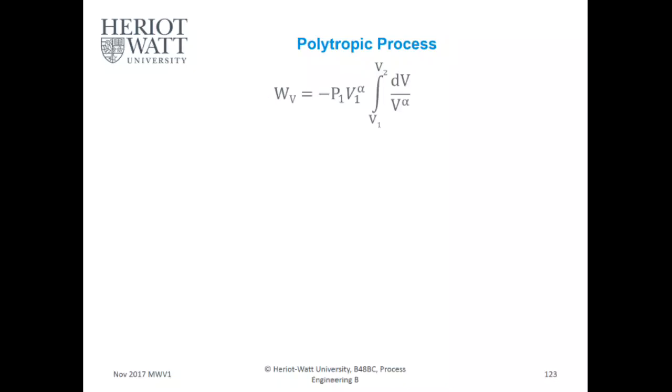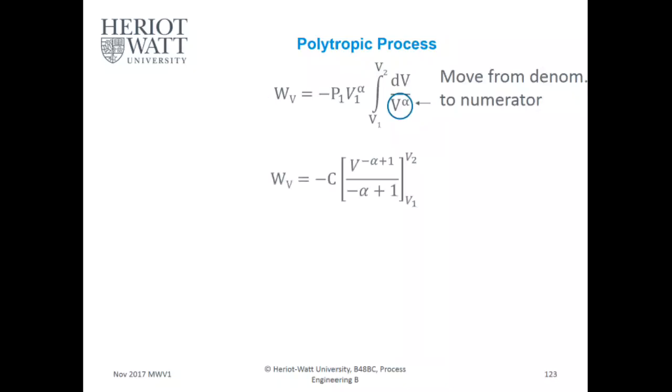Now, actually, ignore the alpha on the P1 V1, that shouldn't be there. So it's P1 V1 to the alpha times the integral from V1 to V2 of dV over V to the alpha. When you derive the integral, volume work equals negative C times V to the negative alpha plus 1 over negative alpha plus 1, from V1 to V2. Following that?